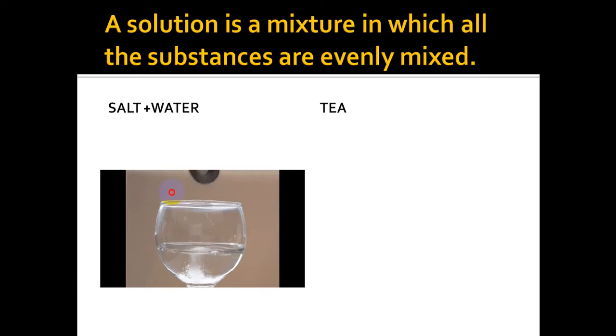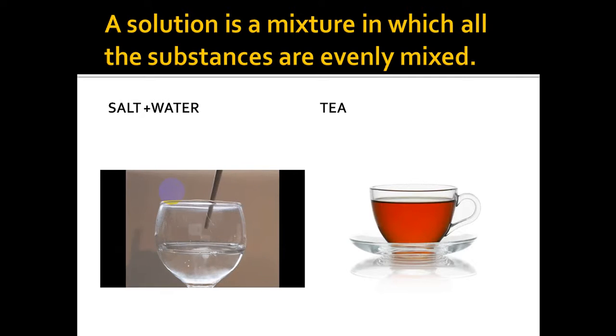Another example is tea. When your mom is making tea, she puts the liquid, which is water, hot water, and she puts the tea and sugar, so she makes a solution. You can find a final product. You cannot see the tea alone, water alone, and sugar alone anymore.